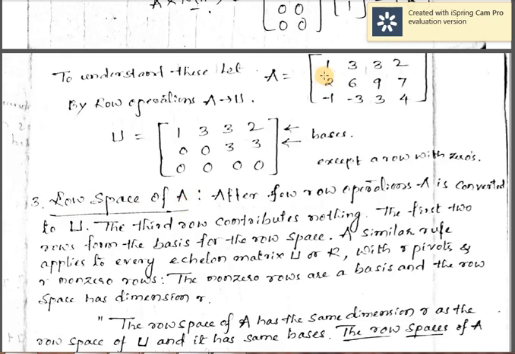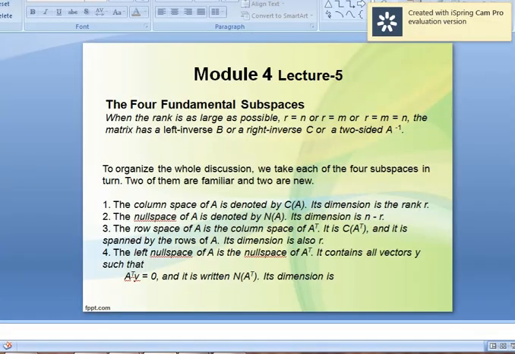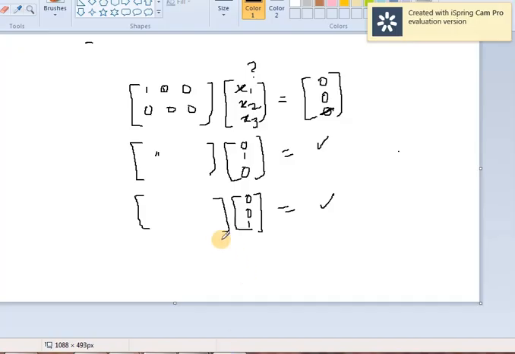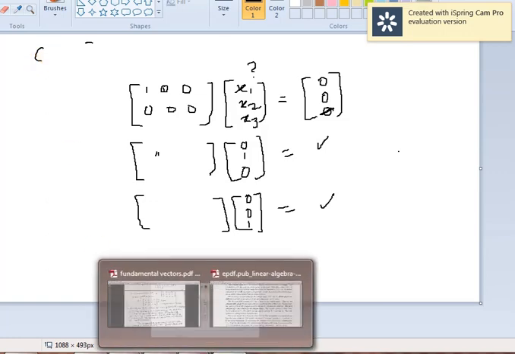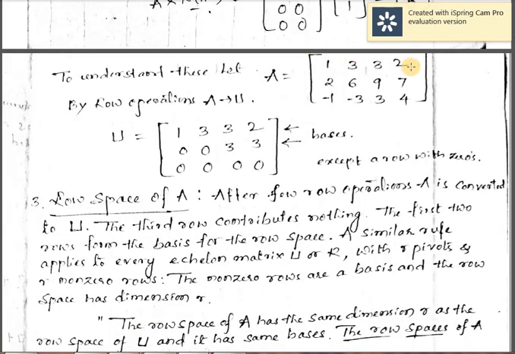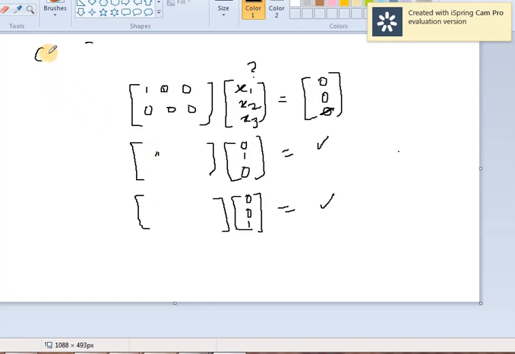The row space of A. What is the row space of A? The row space of A is nothing but the first, second and third rows. We can write it as: the first row is 1, 3, 3, 2.